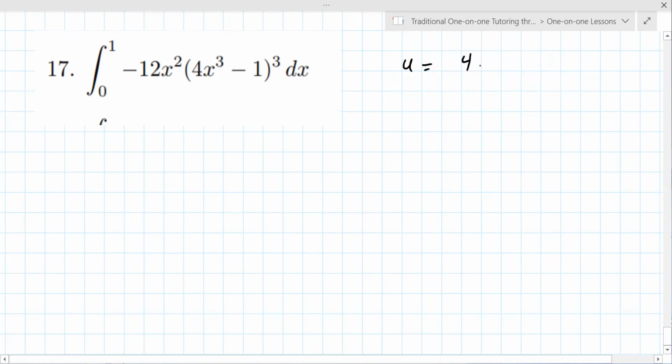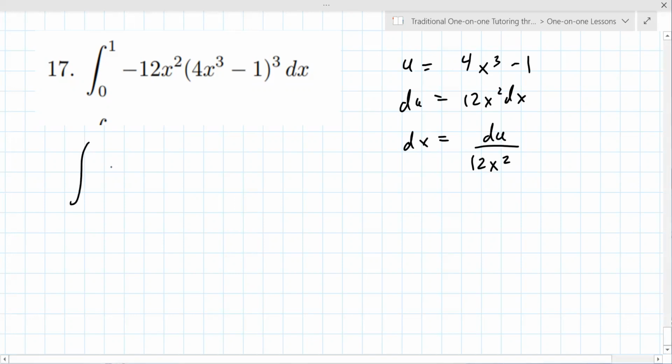12x squared is your du. Yes. Dx equals du over 12x squared. So then you do the integral of negative 12 x squared u cubed dx. I mean, no, du.